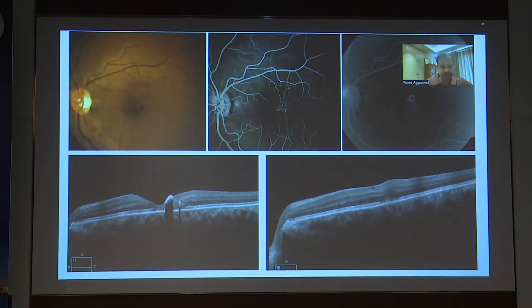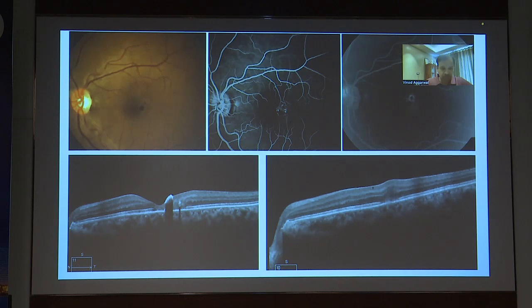Now, have a look at the other eye. You can see there is a pigment plaque in the temporal macula, and just superior to the pigment plaque, there is a grayish lesion. And you can see the typical temporal leakage on fluorescein angiography in both the eyes. And in the late phases of FA, you can see a small hypofluorescent spot, which is just above the pigmented plaque.